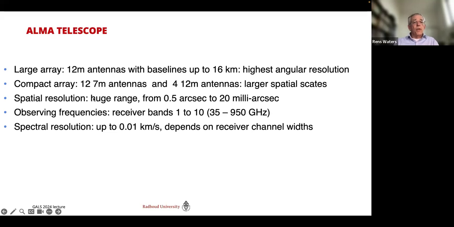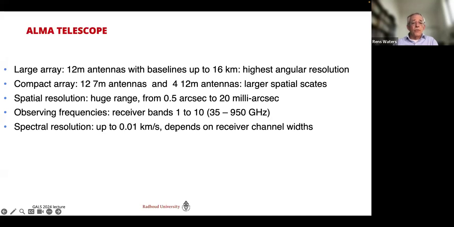That gives you an enormous range in spatial resolution, from half an arcsecond for the smallest separations to 20 milliarcseconds. So that really gets you to the inner regions of planet-forming disks, as an example, at distances of 100 to 200 parsecs. The observing frequencies also cover a very wide spectral range, cut up in different bands 1 to 10, which have to do with the transmission of the Earth's atmosphere, and this spreads between 35 and 950 gigahertz.